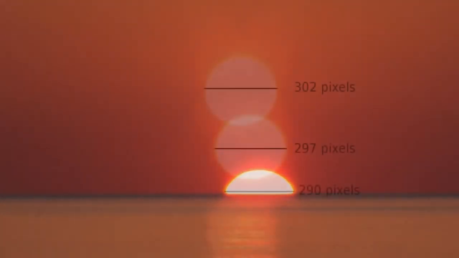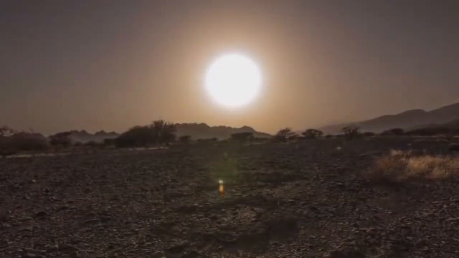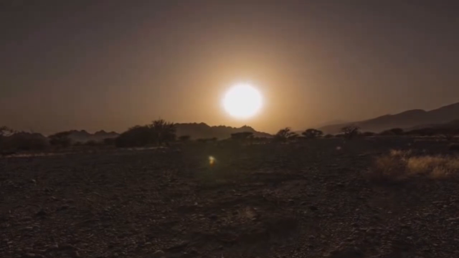In this case from 302 pixels to 290. And then of course there's this video right here, which apparently was shot in the desert where there's going to be a lot less moisture, and whenever there's less moisture you're obviously going to have less refraction and magnification.